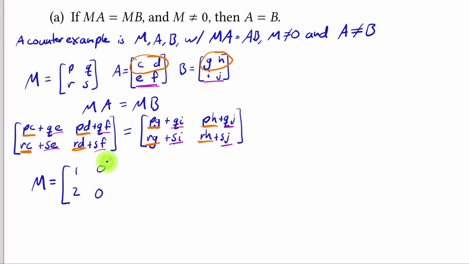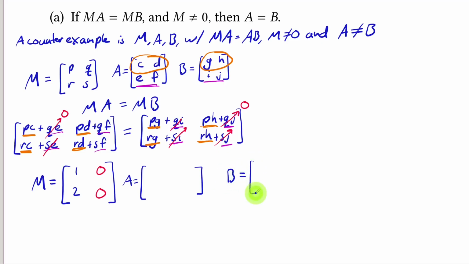Q and S are 0. And these being 0 is going to make it so all the terms that get multiplied by Q and S become 0. And then for A, we can make it so the CD part of A is equal to the GH part of B, like so. And the E, F, I, and J don't matter because they only get multiplied by 0.